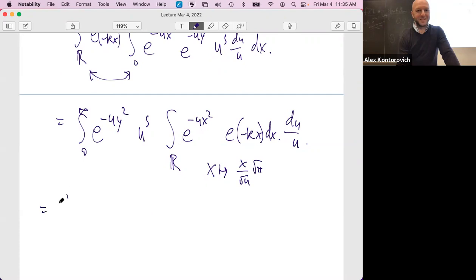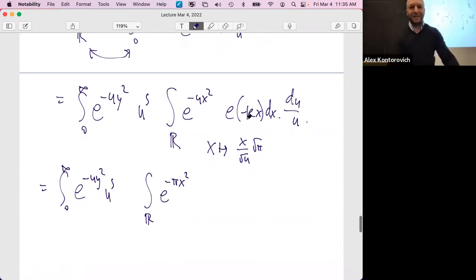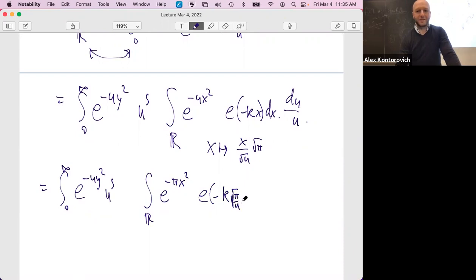So again, for any fixed u, I can make a change of variables inside x, u to the s. The integral is still over all of R. I have my e to the minus pi x squared, just like I like my Gaussians. There's an e to the minus k root pi over root u times x.